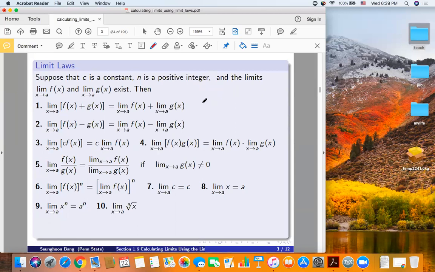The 10th one here. Limit as x approaches 2 of square root of x. What is the answer? The answer is the same.